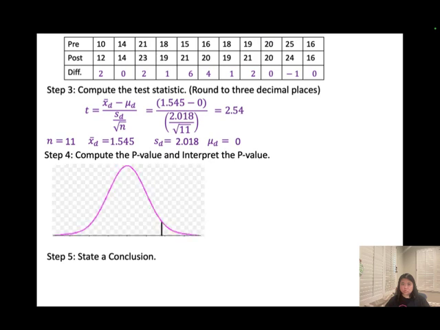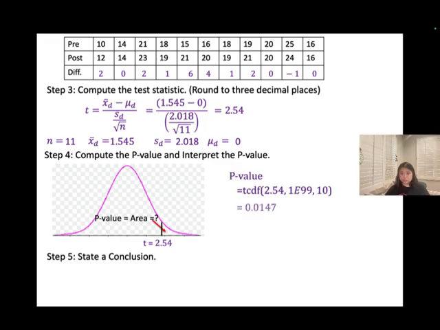Okay, right-tail test, finding the p-value. So that will be TCDF, lower value will be 2.54, upper value 1E99. And then degree of freedom, which is going to be n minus 1. Okay, you're going to get 0.0147.